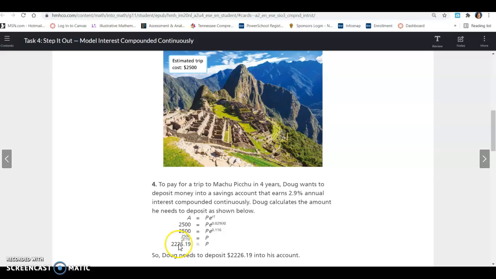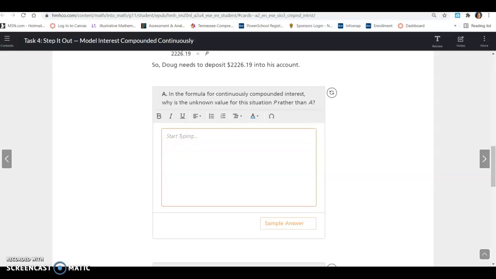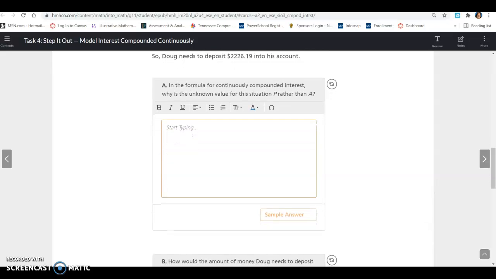If we have an initial principal of $2,226.19, then we have a compounded continuously formula that will make sure that we have $2,500 for the trip. So Doug needs to deposit this much money into his account and let it sit there for 4 years and compound continuously at 2.9% interest to have enough money for his trip.